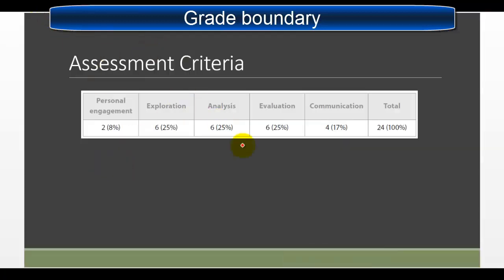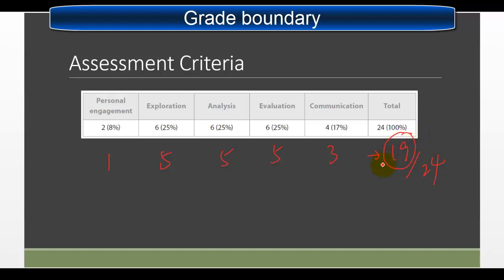So let's say among all the rubrics, you get 1 out of 2 in personal engagement, 5 in the highest band but not getting a 6, as in maybe you're not being perfect, the same for analysis and evaluation, and getting a 3 in communication. If you add them up together, you will get 19 out of 24.